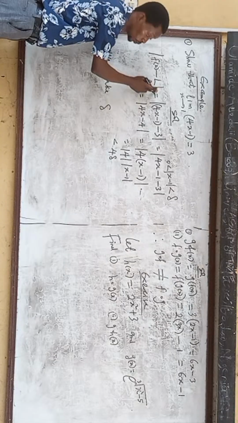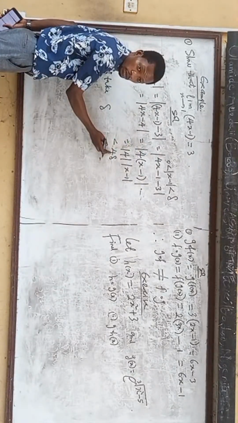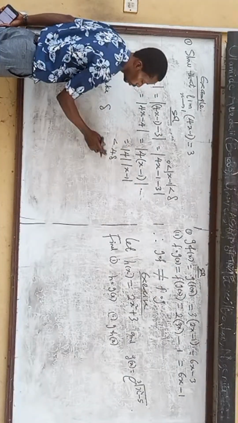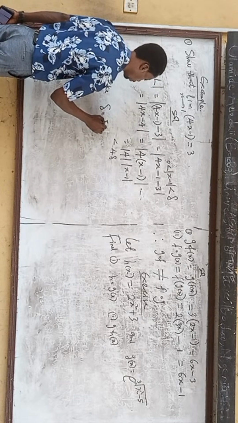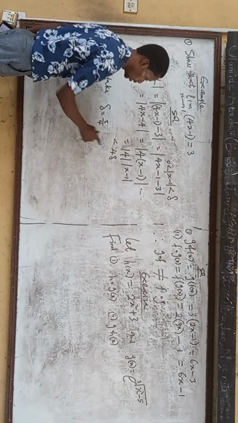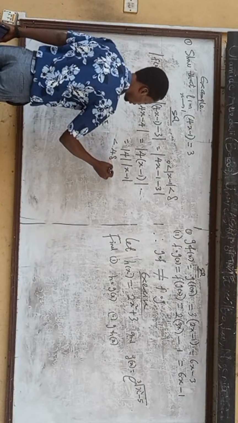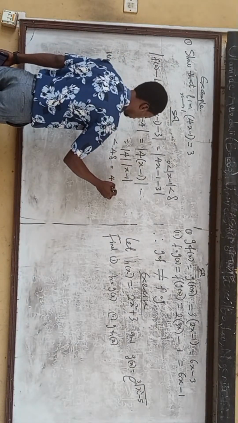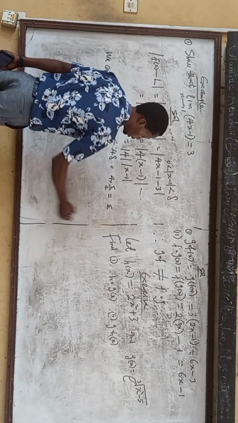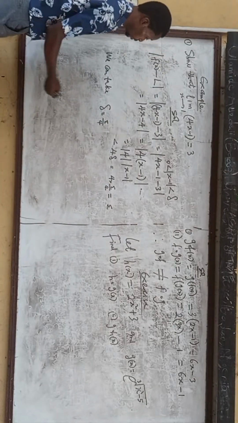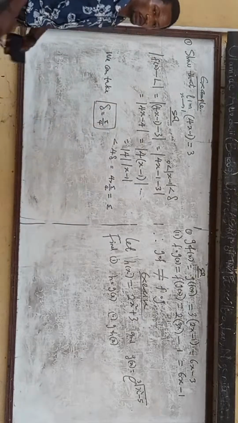Let me simplify this, and at the end of the day, we must get epsilon. So for this to be epsilon, we need to take delta as say epsilon over 4. You understand? So that if we do that, we get 4 times epsilon over 4, and then you get epsilon. Do you see that? So it means our delta that must be chosen must be epsilon over 4.